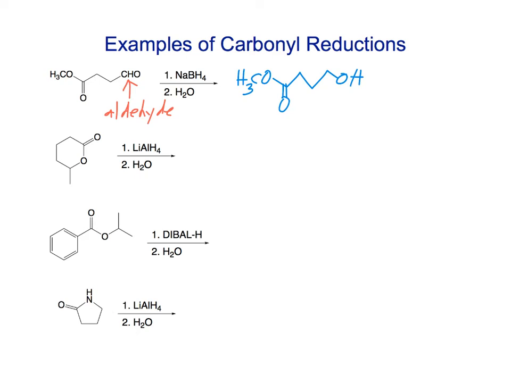All right, so what about the next one? The next one is a cyclic ester. Cyclic esters are called lactones. Remember, we reduce an ester with lithium aluminum hydride, and what do we get?